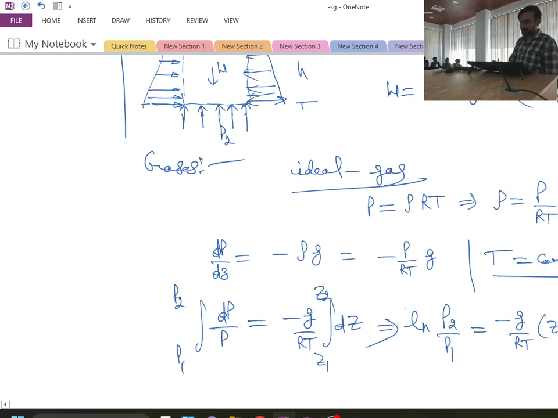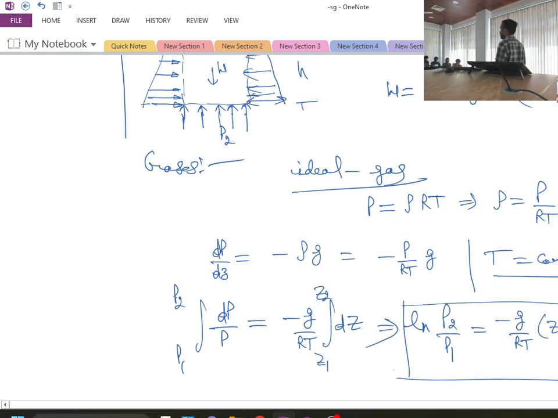Okay, so this is the equation for pressure variation with elevation, if I consider my gas to be an ideal gas and I have nothing but the isothermal assumption. Okay, is this one clear?